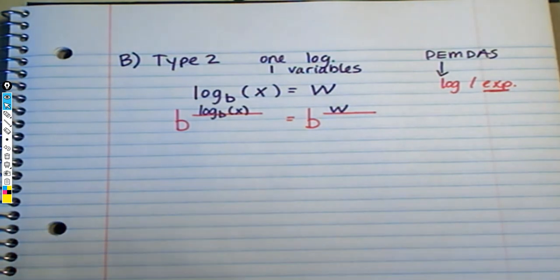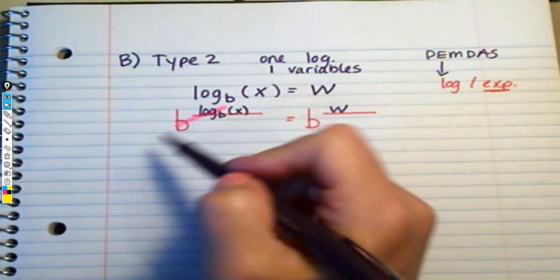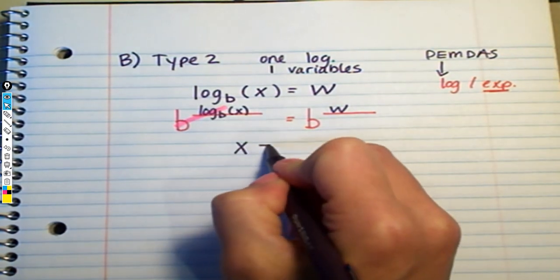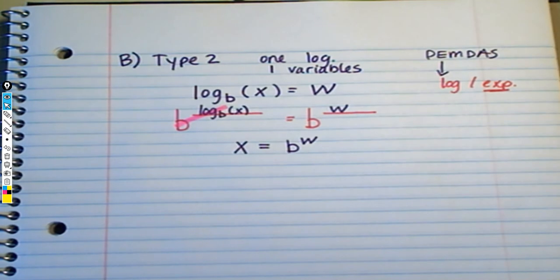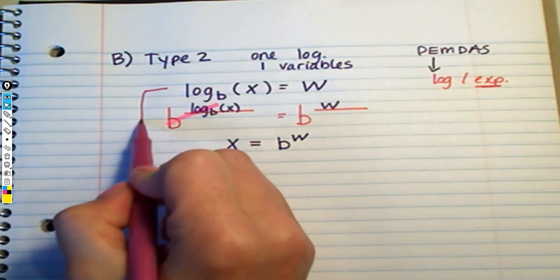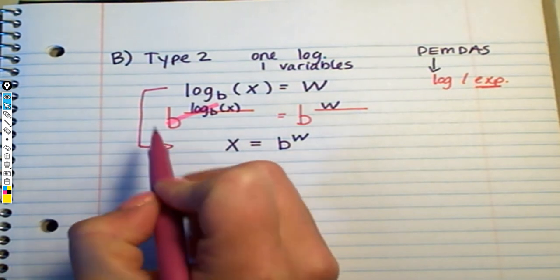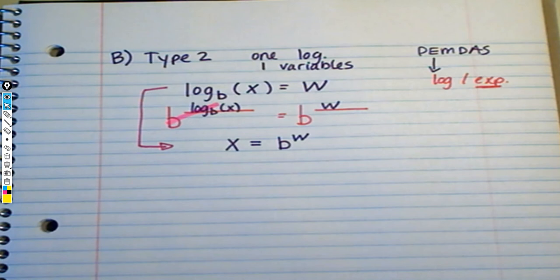Now we know that with our inverse property these two things cancel out and we are left with x equals b to the w. That's it. You solved for x.